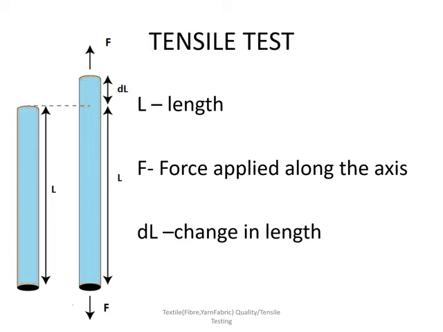That is why these materials are called anisotropic materials. Isotropic means in both the directions, axial as well as transverse, the properties will remain the same. Whereas in anisotropic materials, the properties are different. Textile materials are anisotropic in nature.